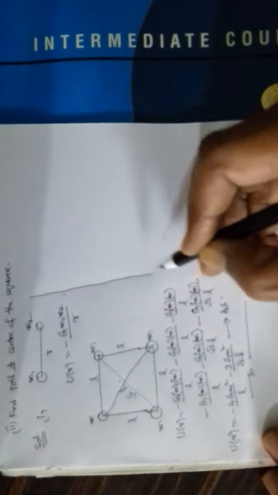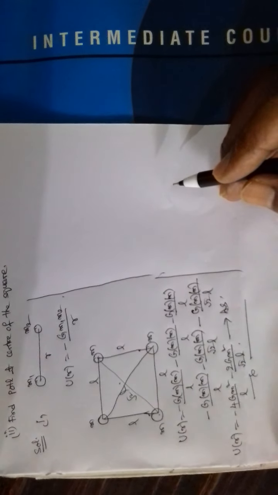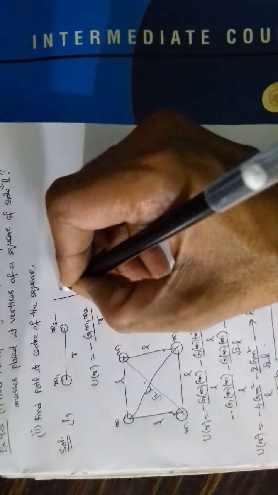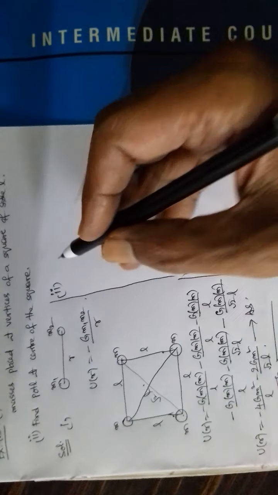Now second part. Find the potential at the center of the square.